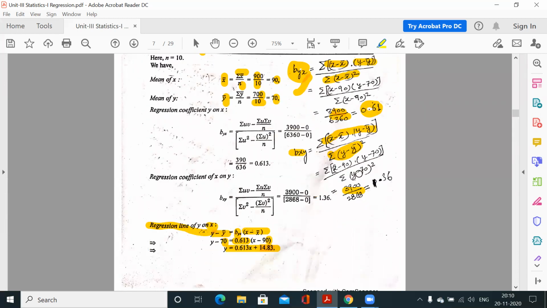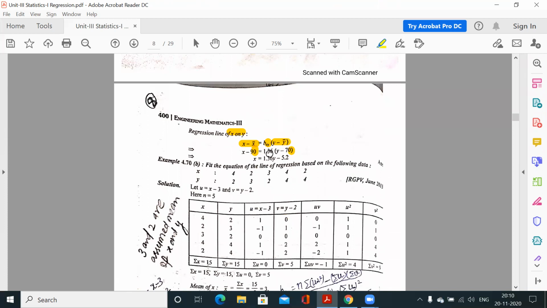So this is the denominator, 2868. After dividing this, we are getting 1.36. So bxy is 1.36. Now simplifying this equation, we are getting x is equal to 1.36y, and 90 minus 1.36 into 70 is minus 5.8. So this is the second regression line, x on y.